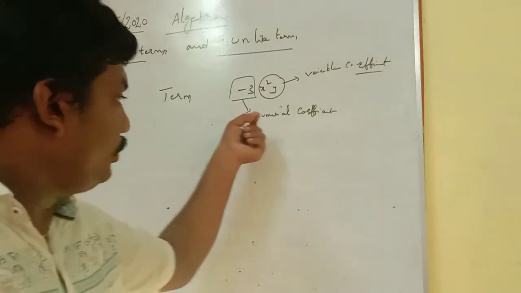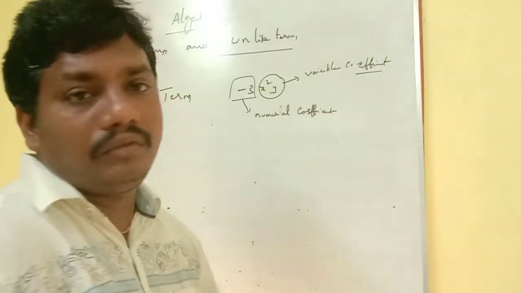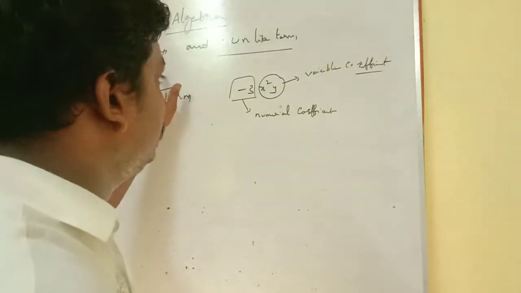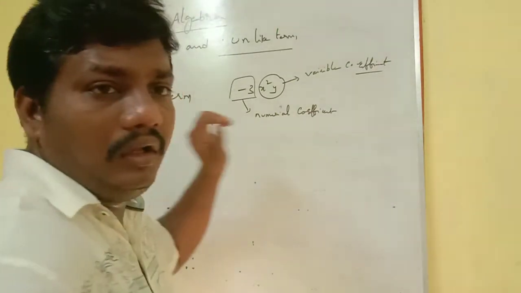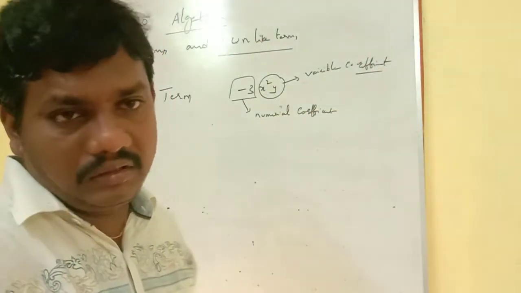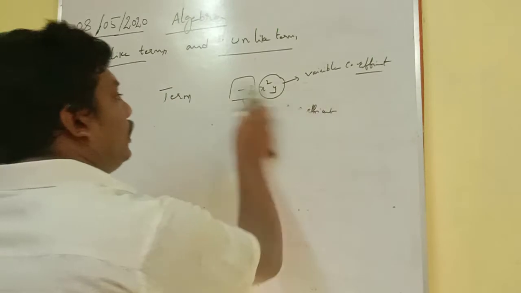So this is called the numerical coefficient and this is called the variable coefficient. So now you can understand that like terms are algebraic terms having the same variables.